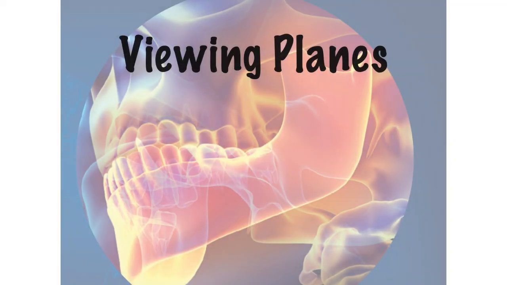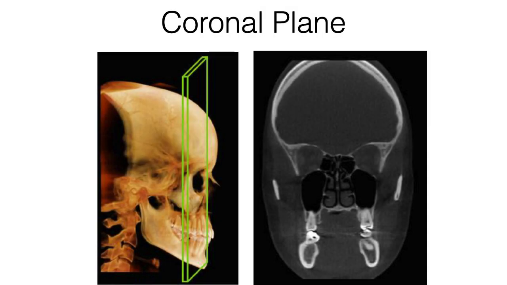When we're looking at these images, they are 3D images, so we have to be familiar with the viewing planes. We can look at viewing planes separately, but we can also build a volume out of them. There are 3 viewing planes. There's the coronal plane, that's from front to back.